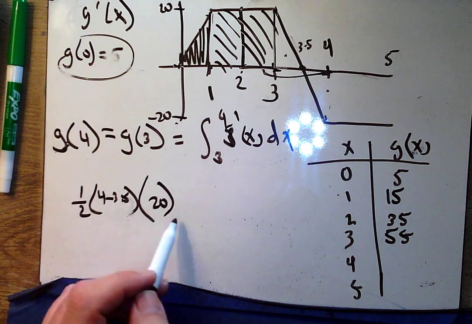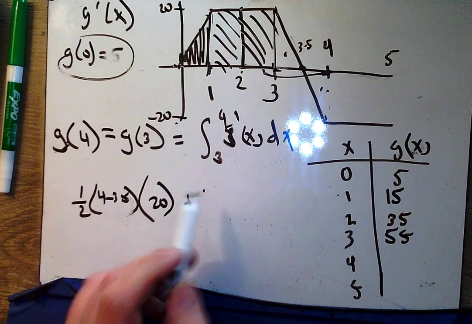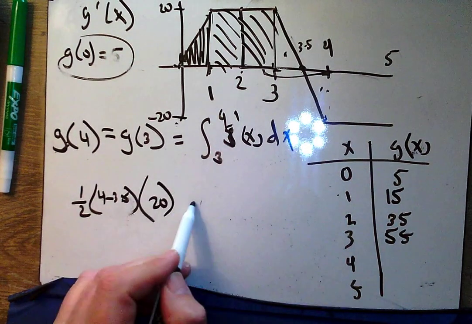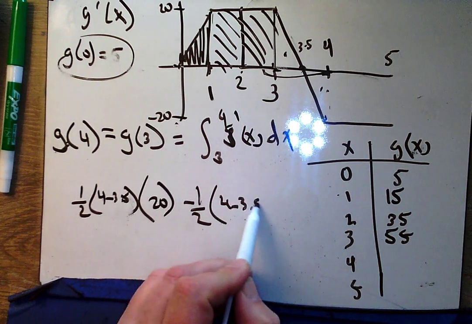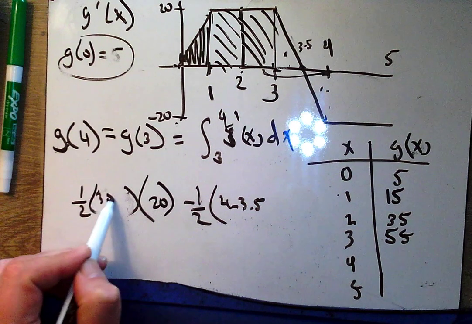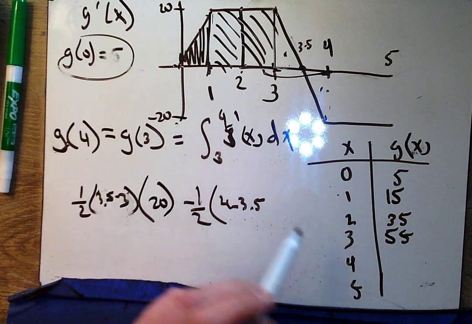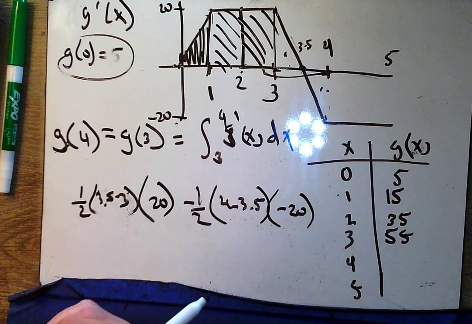So that's this one. But now I need this one, which is going to be below the x-axis, so it's minus 1/2 times 4 minus 3.5, since it's here, is 3.5 minus 3. Okay, times the height of negative 20.